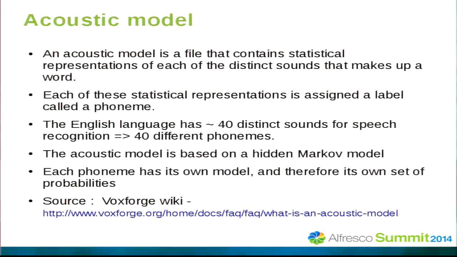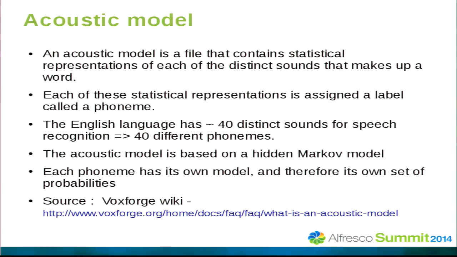So the first part is what is called an acoustic model. Basically, in one sentence, it tells us how likely it is that a specific sound is followed by another sound. So that's really the one sentence definition. It contains, for a specific language, all of the statistical probabilities for a specific sound, what in specific terms is called a phoneme.